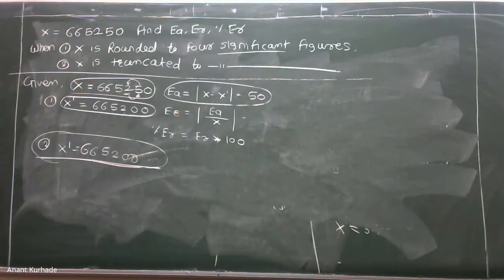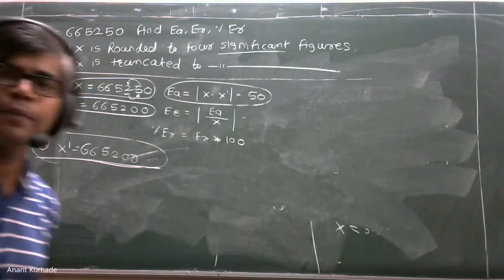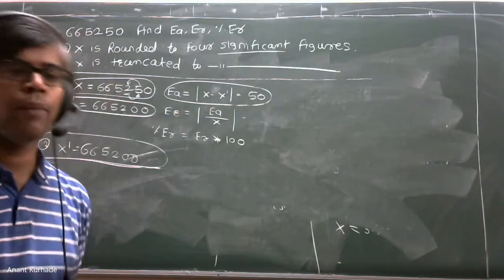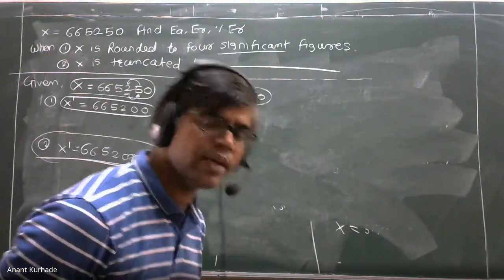Now we'll take the next one. Volume of a cone. It is 1 by 3 pi r square h, or pi by 3 r square h.